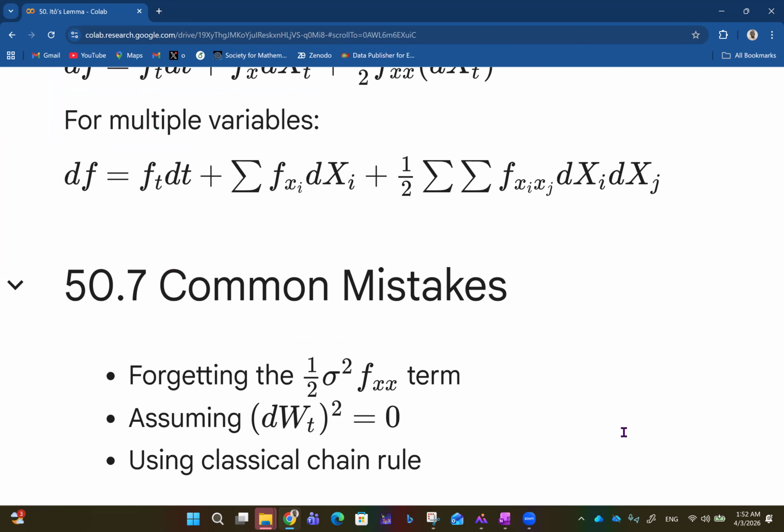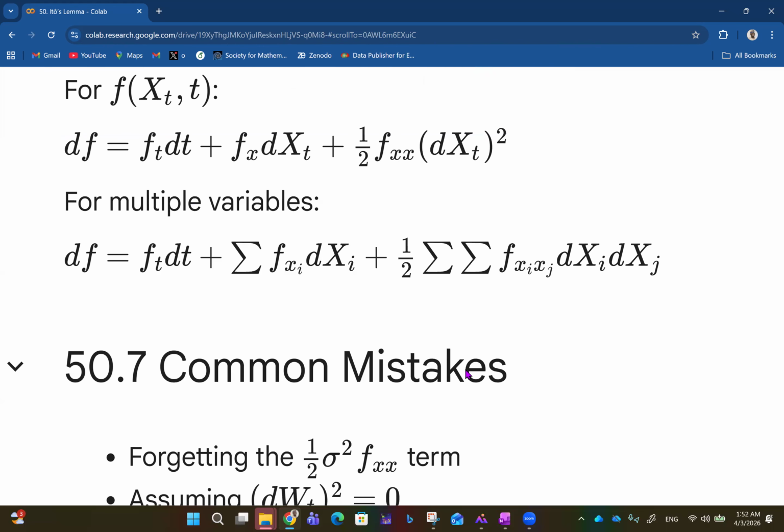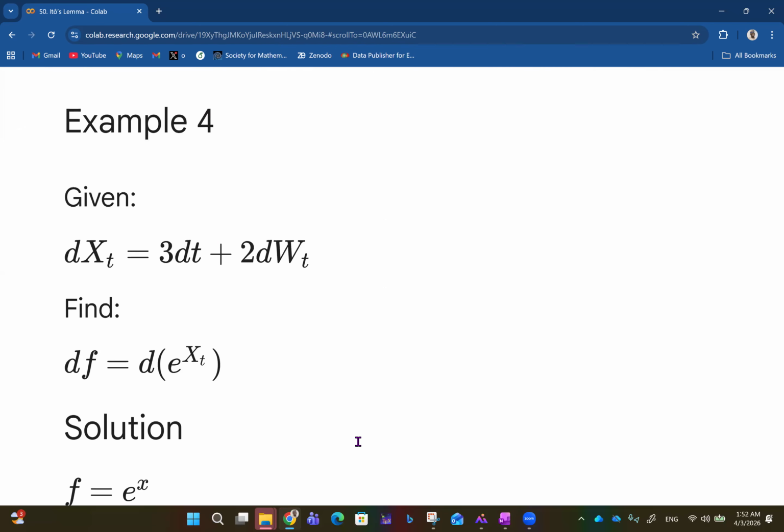Then some common mistakes: forgetting the half sigma squared fxx part can be a problem. Also assuming dW squared t is 0, because it's actually dt not 0, or using the classical chain rule, that can also be a problem. It will be wrong.